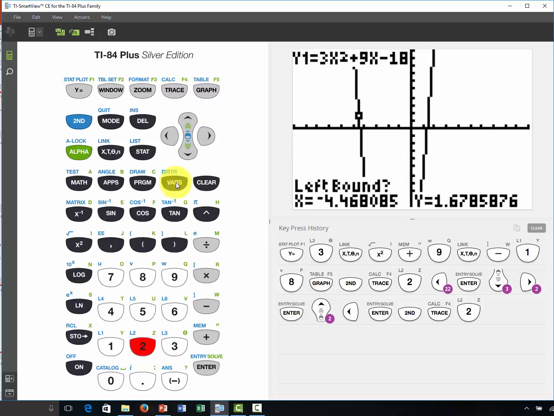Okay, let's try our second one. We go to 0. This time we want to the left of this x-intercept. So I've got to scoot the cursor a little bit closer. Okay, hit enter. Now we want a right bound.